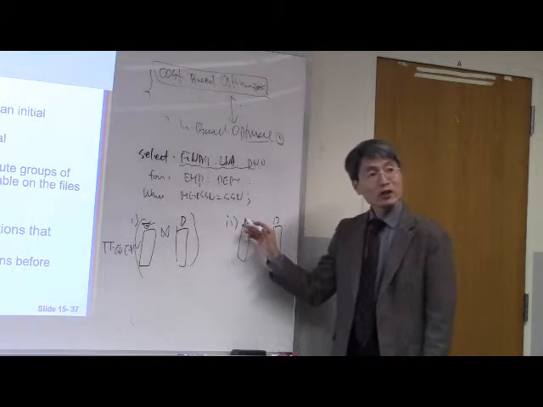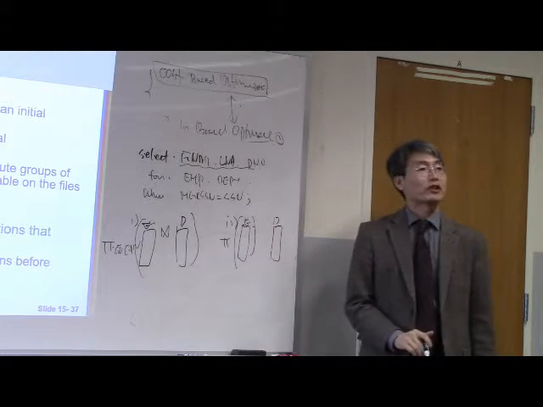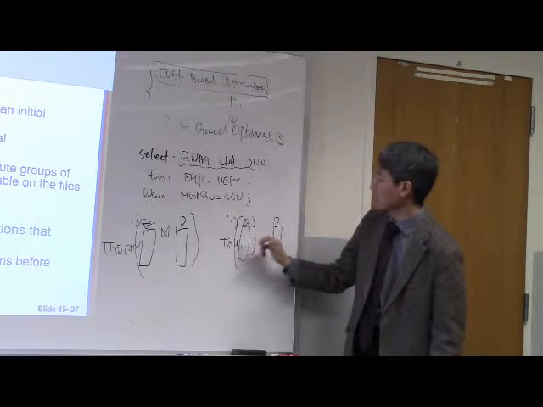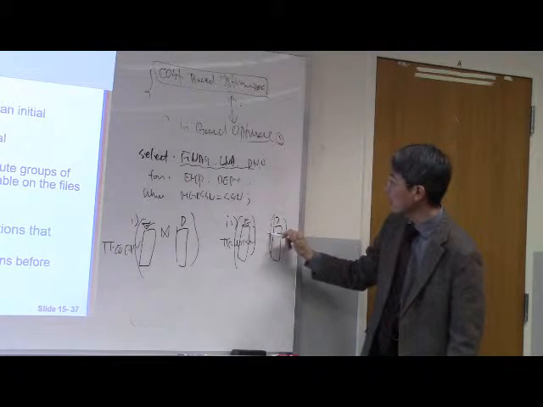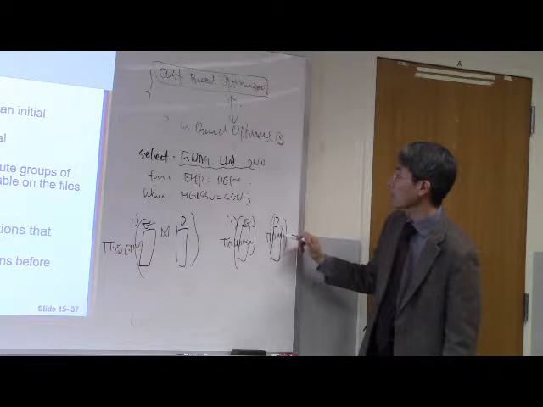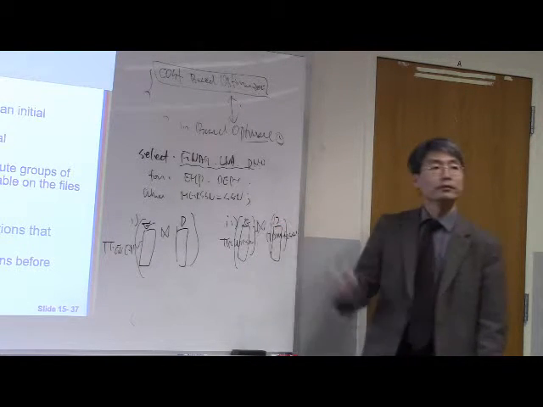This one first applies the projection. Which columns do we need? First name, last name, DNO, and social security number. This one applies D number plus manager SSN, and joins.